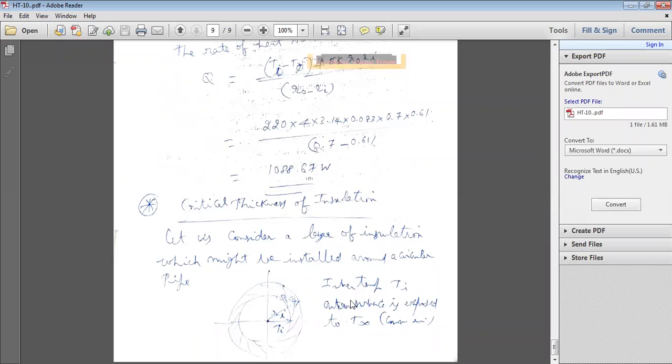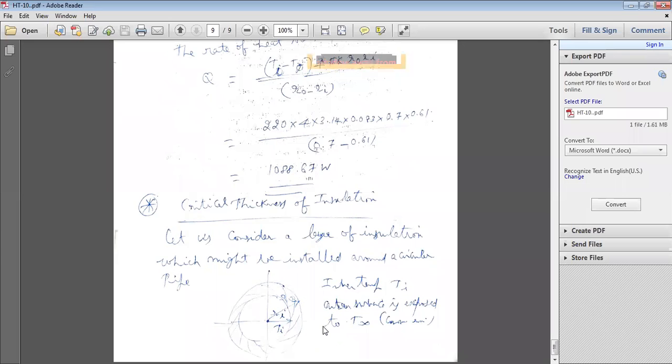Inside temperature Ti, and the outside surface is exposed to, for example, air at T free stream, an outside convective environment. Through this material, the asbestos, there is conduction, and outside there is convection. So here you have combined conduction as well as convection.